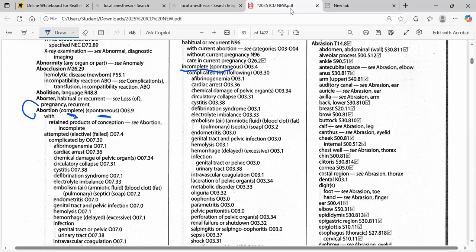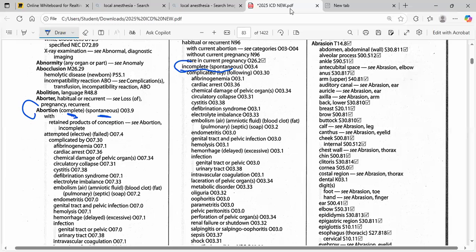So the products of conception are fetus, amniotic sac, placenta. These are the products of conception. If the patient has any product of conception retained in the patient's body, in that case, we are going to use incomplete.